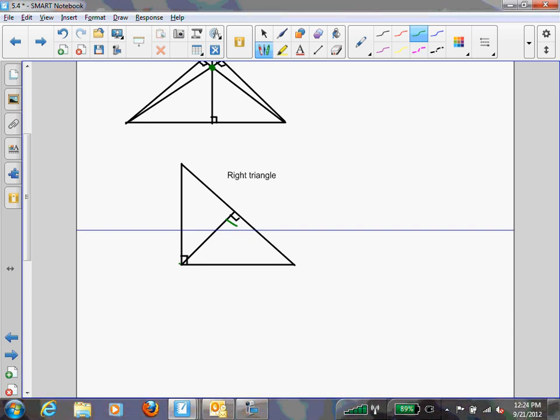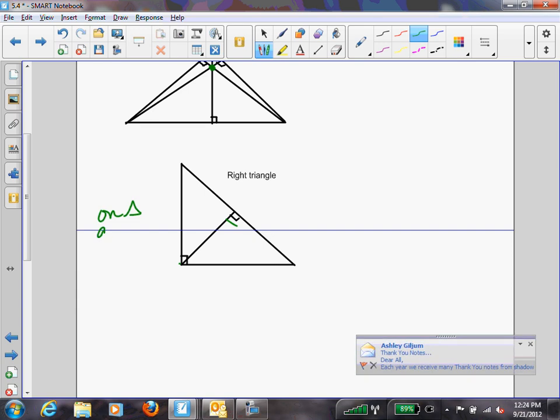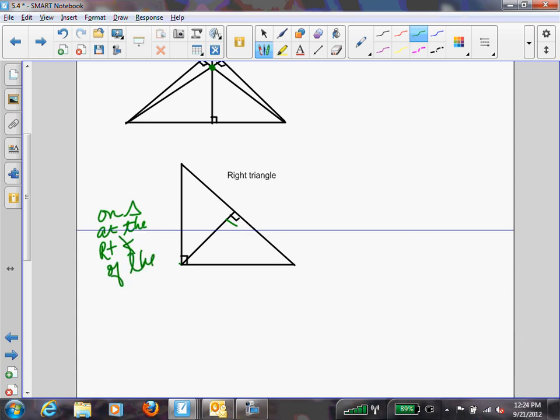So where is the orthocenter located now? Okay. So it's on the triangle. And at this point, it's at the right angle of the triangle, right?